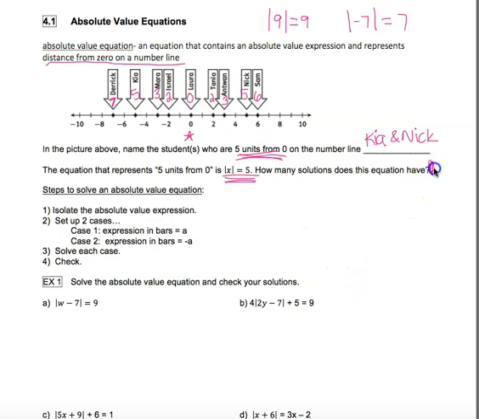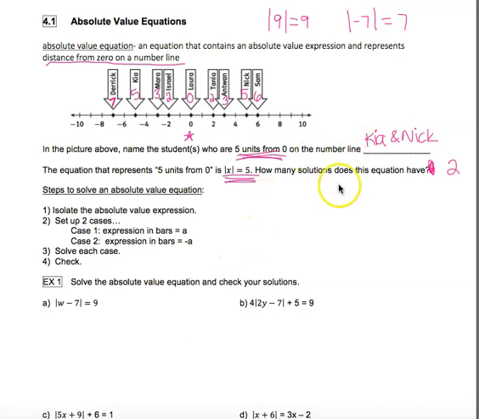So hopefully you came up with 2. This equation has two solutions because there could be two students that are 5 units away. One 5 units in the negative direction, one 5 units in the positive direction.